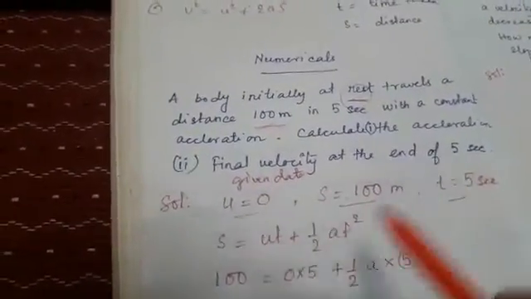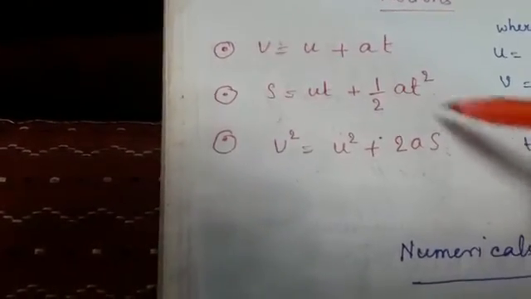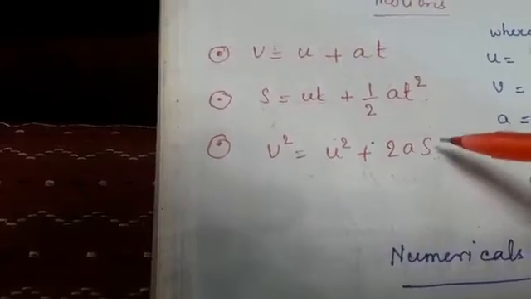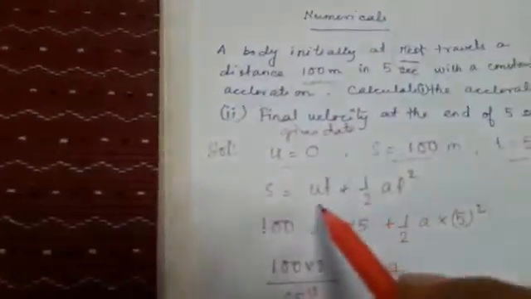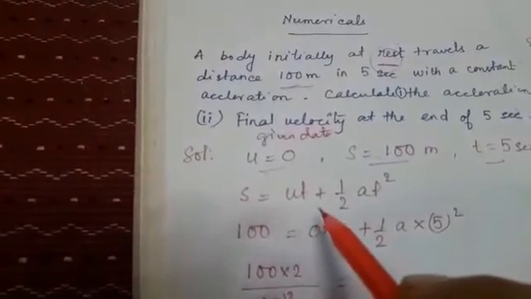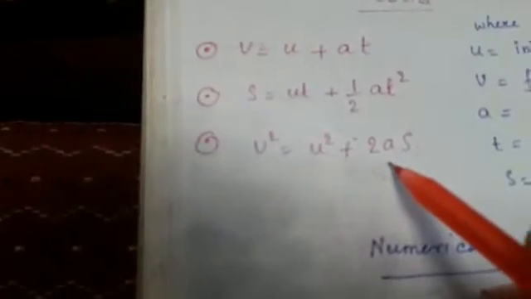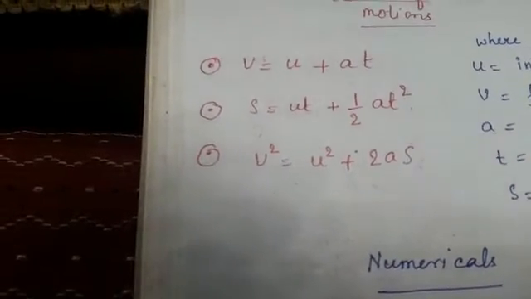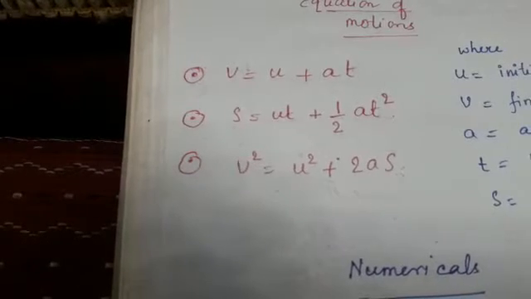Now since the distance is given, we can choose either of these two formulas, right? Because in both of these formulas distance is present. But in this sum we are going to choose s = ut + (1/2)at², because if you choose v² = u² + 2as, then in this sum v, the final velocity, is not given, right?